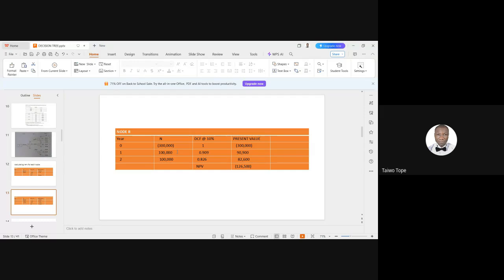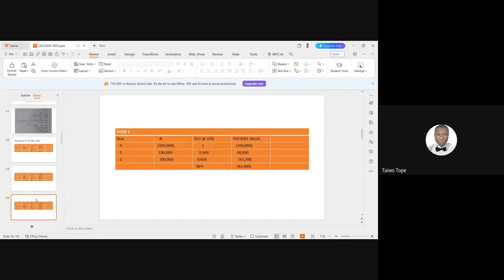For node B, the probability of year 1 is 0.25, and for year 2, it is 0.5.